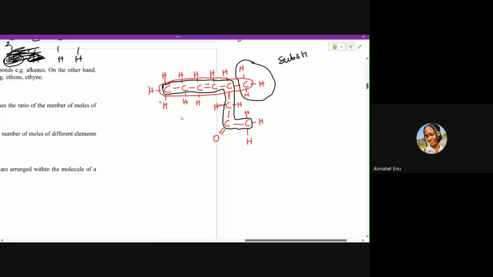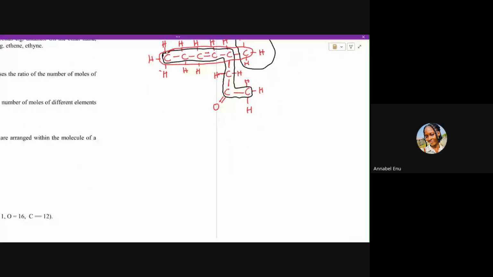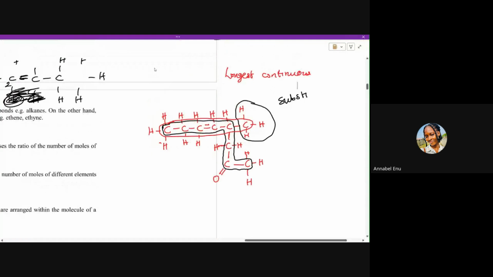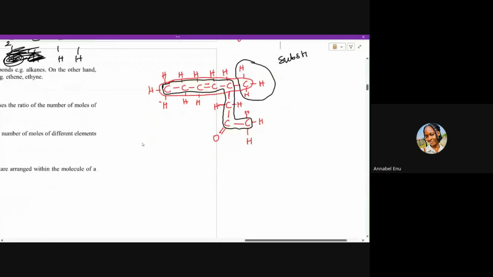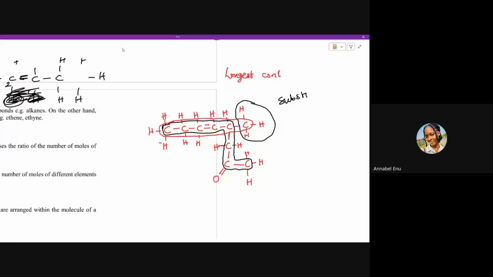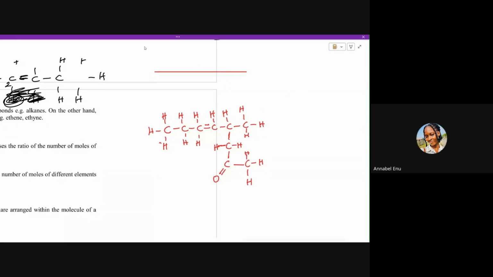I would have to redraw this structure because I just couldn't remove it.